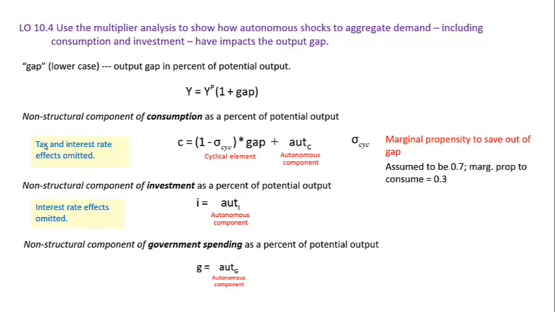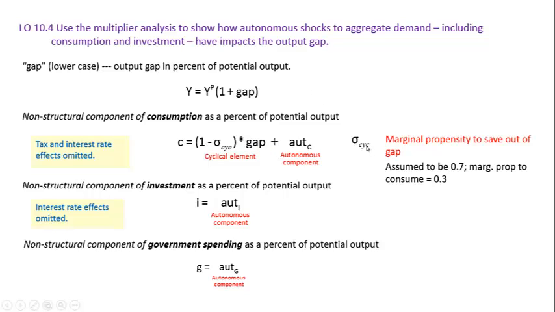We're going to ignore those for right now, and we're going to focus simply on the impacts on consumption when there's an output gap. We call this the cyclical element, and you may recall that in Chapter 7 we looked at the marginal propensity to save and to consume out of the gap, and we're thinking of the gap as the transitory income for households in the aggregate.